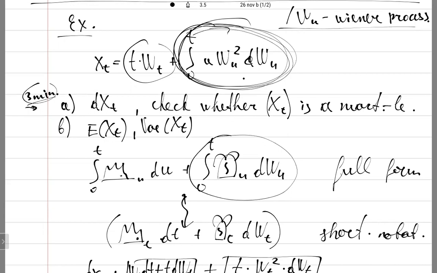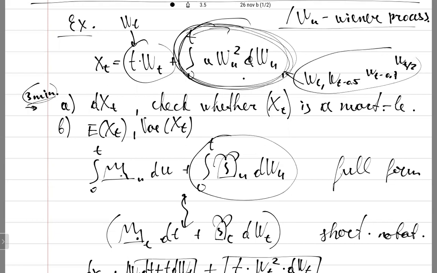So imagine here only W_t influences that part, but here W_{t-0.5}, W_{t-0.7}, W_{t/2}, all these terms enter this integral, yeah? This integral depends on many values of W. It's the integral, so it depends on the whole trajectory of W_t.